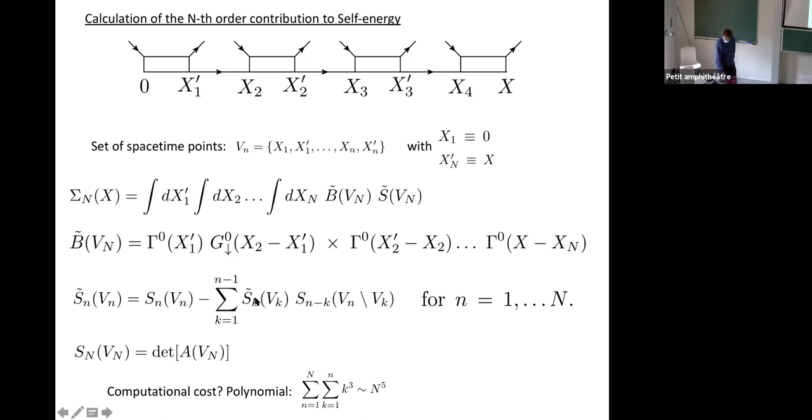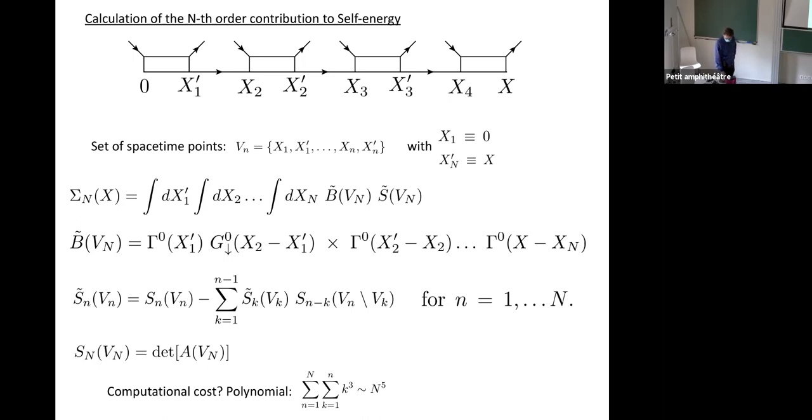And then we just subtract all the reducible possibilities, meaning that we look at irreducible connections up to a certain vertex k, and then multiply with all possible connections, reducible and irreducible, for the remaining vertices. And if we do this in a recursive way, starting from little n from 1 to big N, then ultimately we have S tilde big N, which is the sum of all possible irreducible connections.